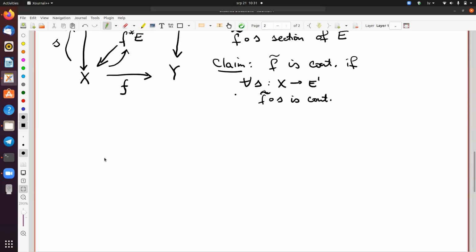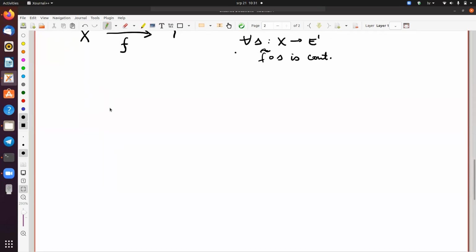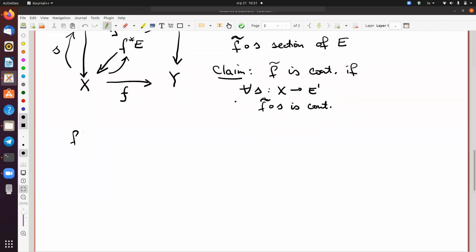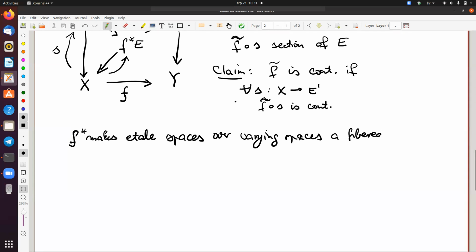Okay, this is about the maps, and this F upper star makes étale spaces over varying spaces a fibered category.